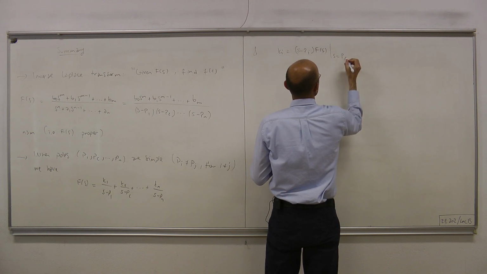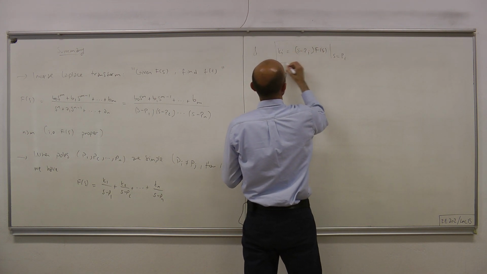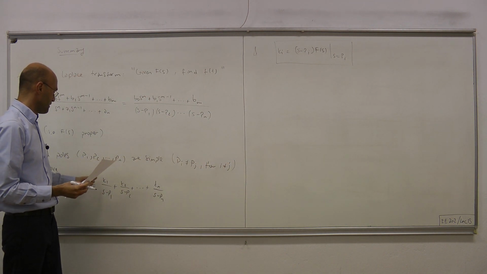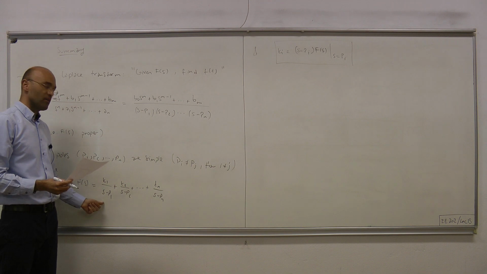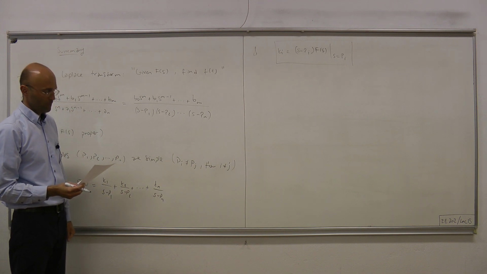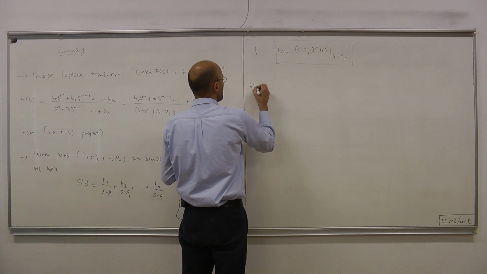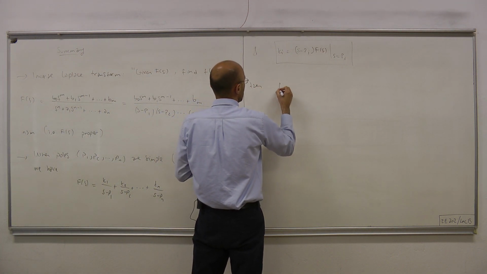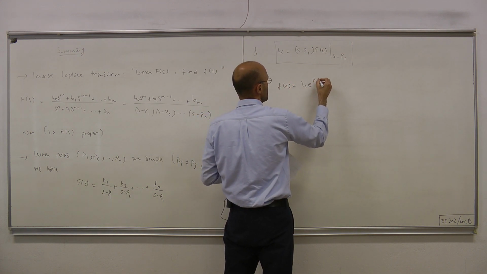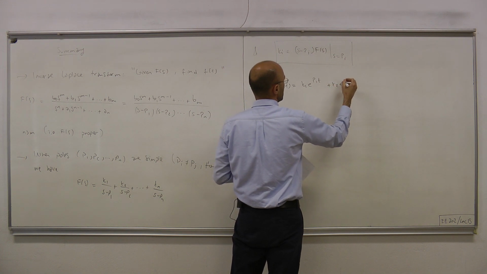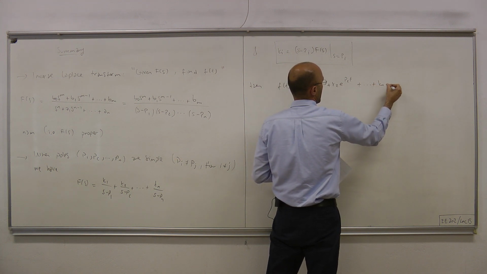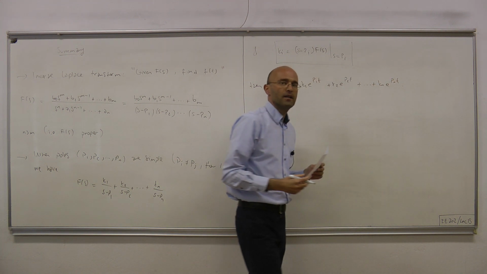Residues are easily computed in that way. And once these are known, f(t) equals k1 e^(p1 t) plus k2 e^(p2 t) and so on, up to kn e^(pn t).